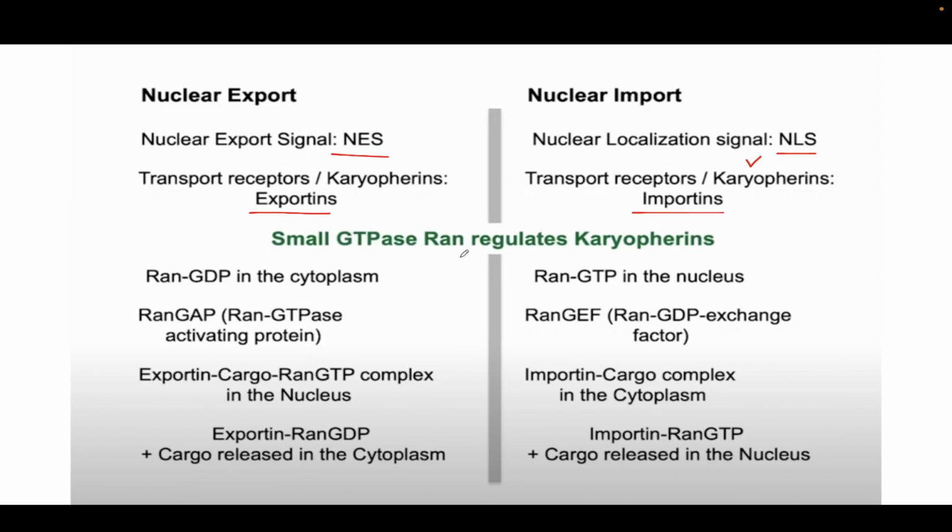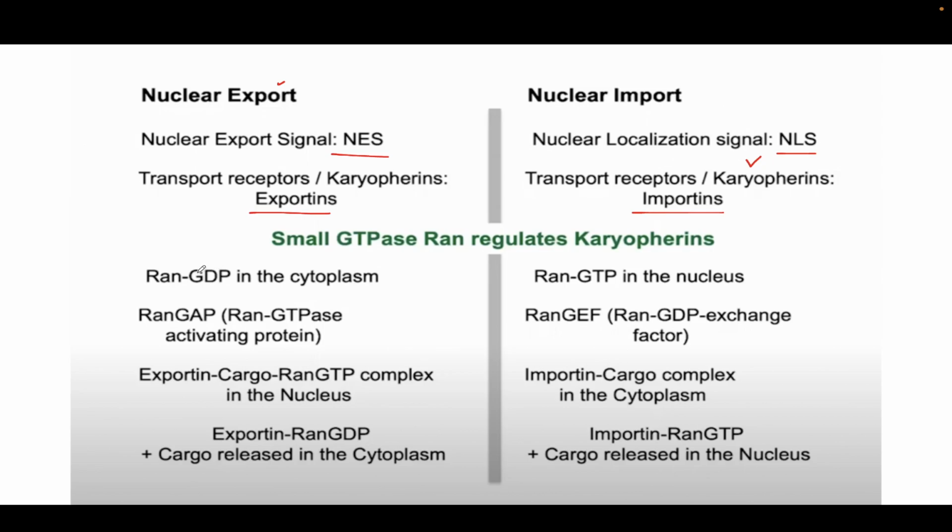The small GTPase RAN regulates the karyopherins. So what are these karyopherins? They are basically transport receptors, called exportins in case of export and importins in case of import. RAN GDP is present in the cytoplasm in case of export.